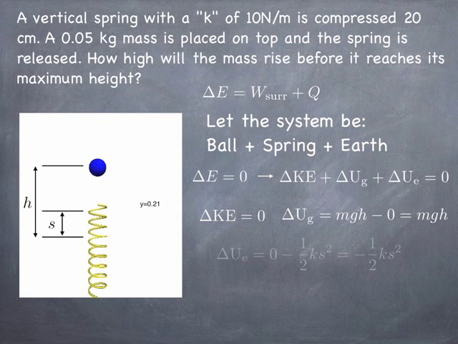And the change in the elastic potential energy, again, it's a relative elastic potential energy since we set it to 0 when s is equal to 0, turns out to be negative 1/2 ks². So the gravitational potential energy is increasing by mgh, the elastic potential energy is decreasing by 1/2 ks², and the sum of those two has to be 0 because there's no work being done by the surroundings.